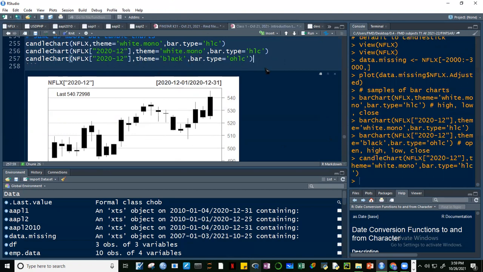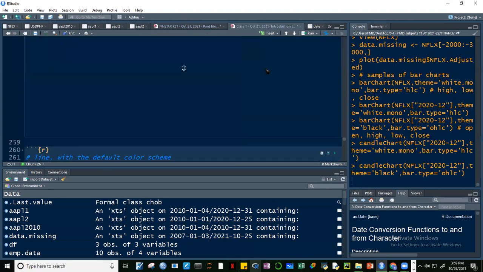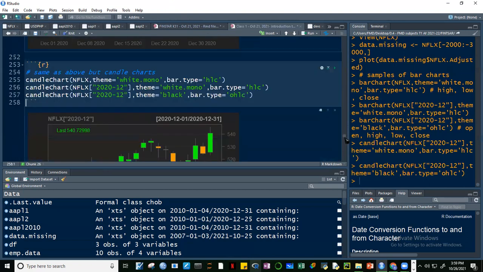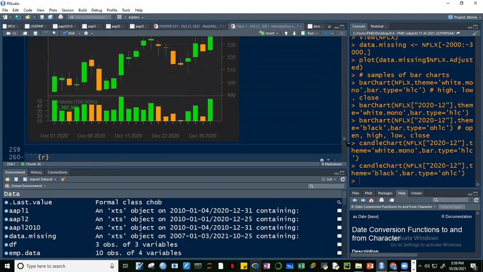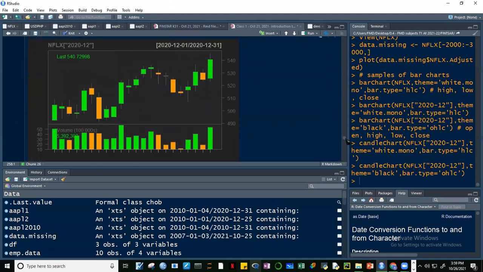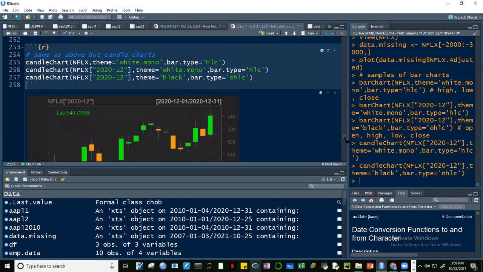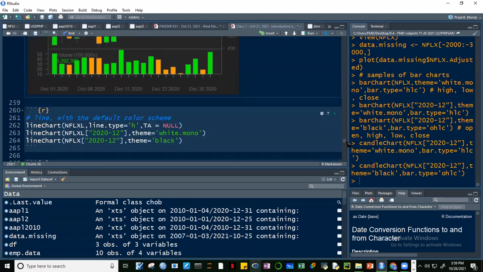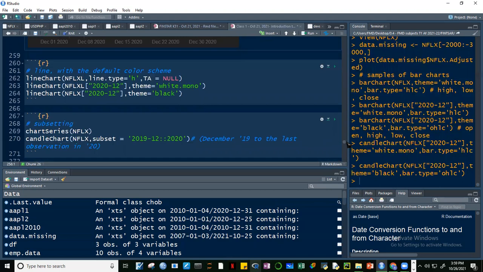Here you have a theme black, so it's a black background. This is similar to the chart series that we did a while ago. So it's the same candle chart. You can also use line chart, so let me just run this too.